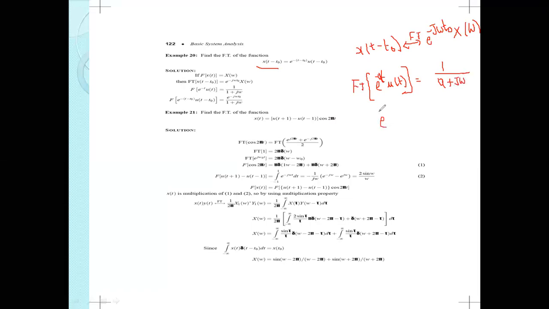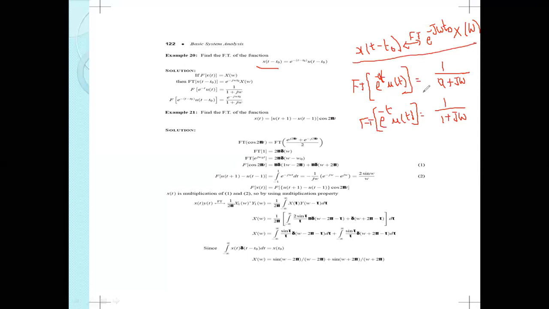So now it is e power minus t mu of t, so a is 1. A is 1, so it is 1 by 1 plus j omega. Got it? So we need x of t minus t naught. Got it?